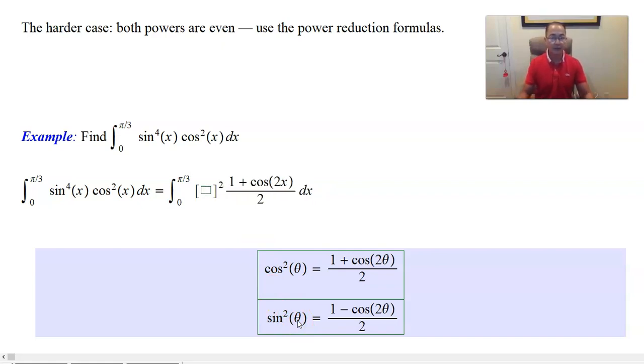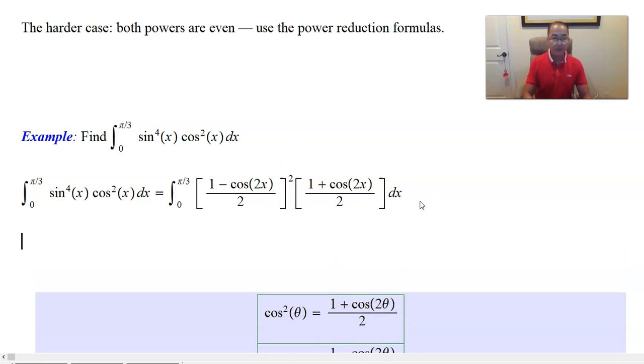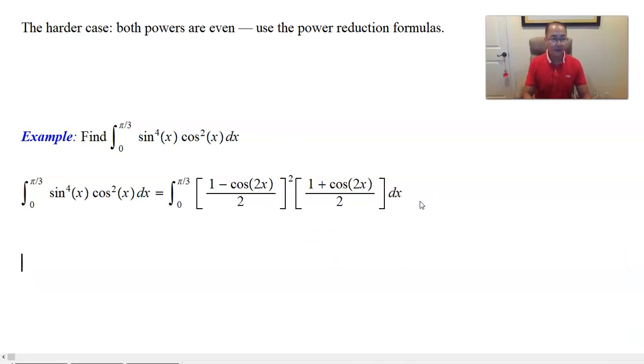So we will square this. Sine squared is 1 minus cosine 2x divided by 2. So maybe to make it look nice, let's put brackets here as well. Okay, so that's great. Next, okay, so we don't need that anymore. I'll just let it scoot down and we don't have to look at it for a while.